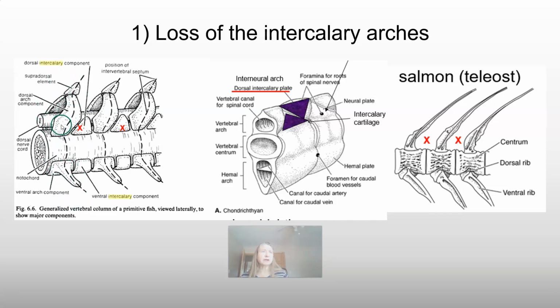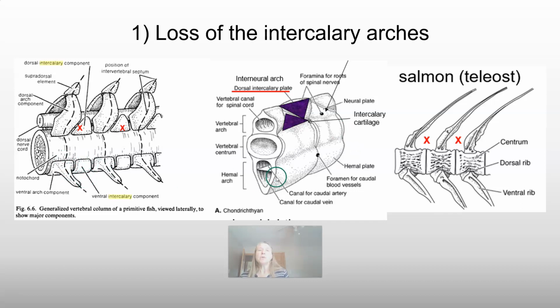With these dorsal arch components, we have these dorsal intercalary components in here. Those will eventually be lost. Over here in our salmon, our teleost, we no longer have these dorsal intercalary components. And we also have ventral intercalary components. Again, we have the hemal arches, and in between these hemal arches, we see these ventral intercalary components on primitive fish.